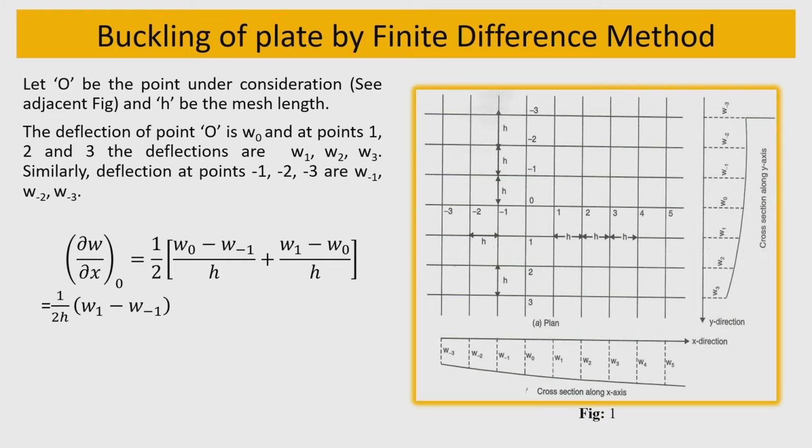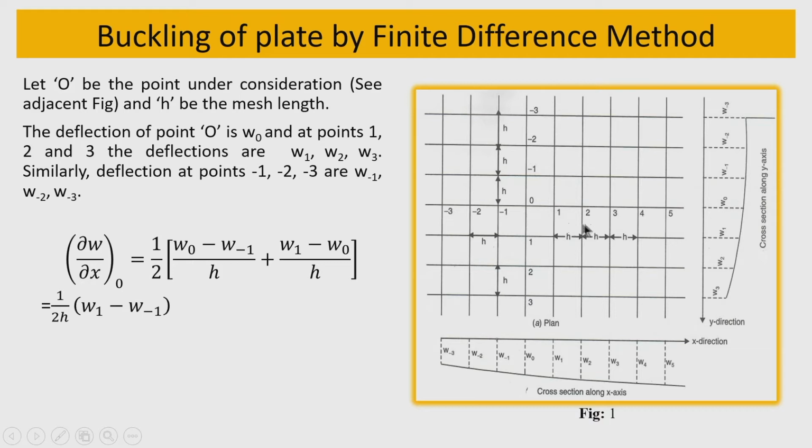Now let us consider the deflection of point O, that is node O or 0, whatever you call it, as W naught. And at points 1, 2, 3 the deflections are W 1, W 2, W 3. And in the backward direction, that is towards the negative x axis, it is minus 1, minus 2, minus 3.